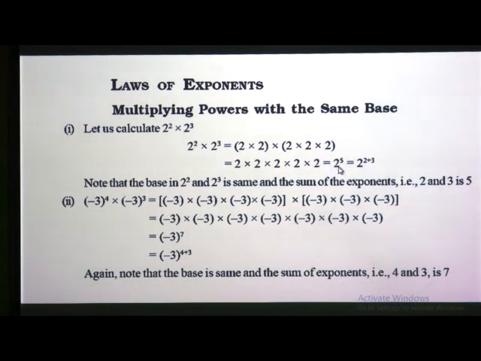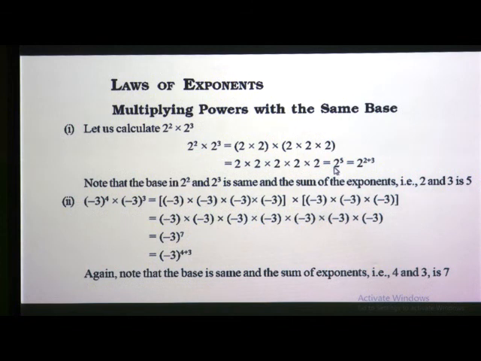So, can we say that when the bases are the same, the powers can be added? Here the bases are 2 and 2. The powers are different, but when the bases are the same, powers can be added. I have shown here 2 plus 3, the powers are added as 2 plus 3.